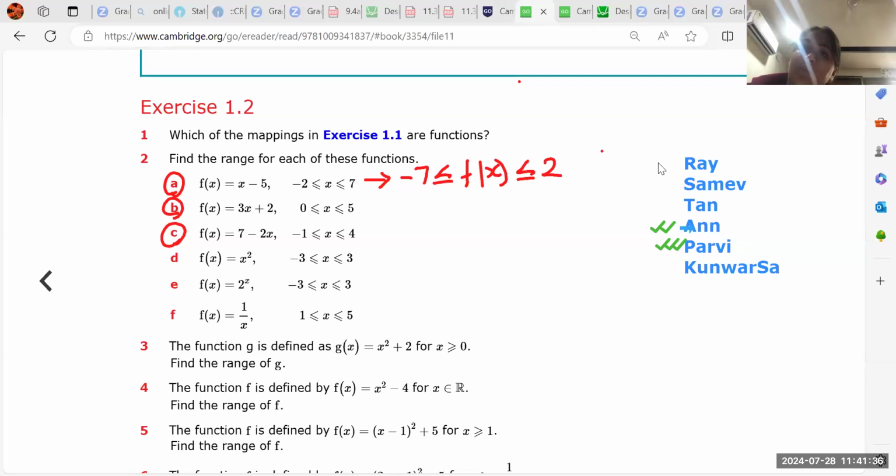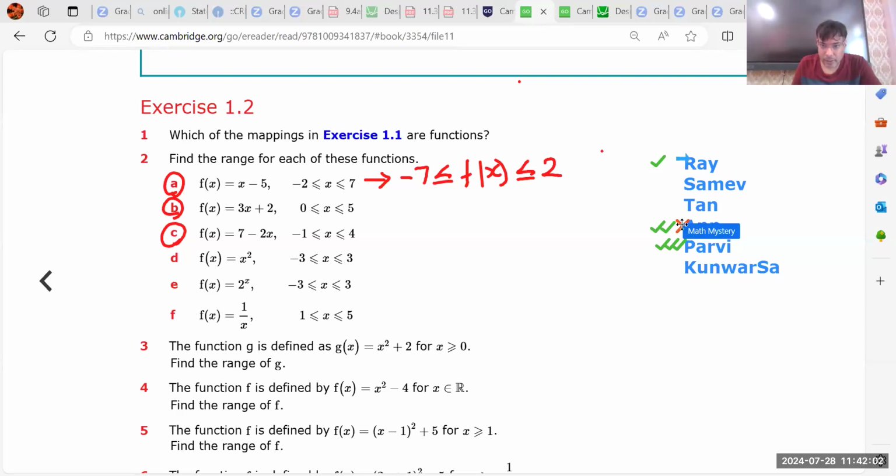Ray, you also made the same mistake. In the C part beta, the one which will be smaller will come first, and Anvi your values of C were also not correct. So I wrote the smaller one only first. Beta -1 is smaller. So -1, तो आपने first लिखा है, then your values are not correct.